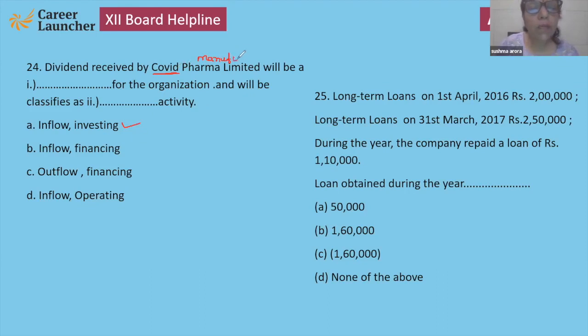COVID Pharma is a manufacturing company, and if they are receiving dividend, it means they have invested somewhere. That's why they are getting that dividend. And see, received naturally means inflow. We receive dividend when we do some investment in another company. So dividend received means inflow under investing activity.